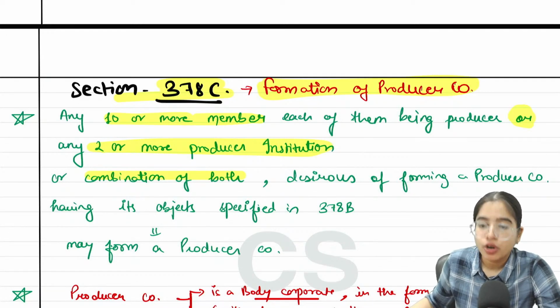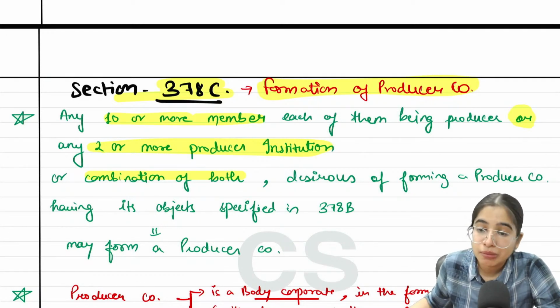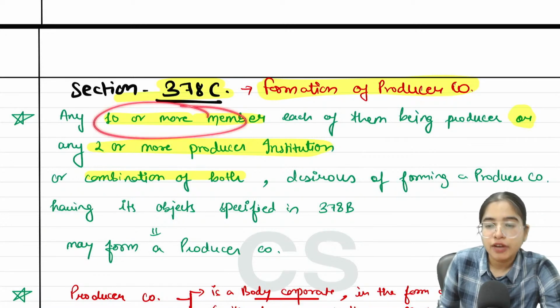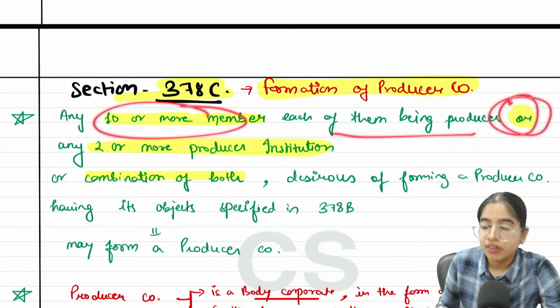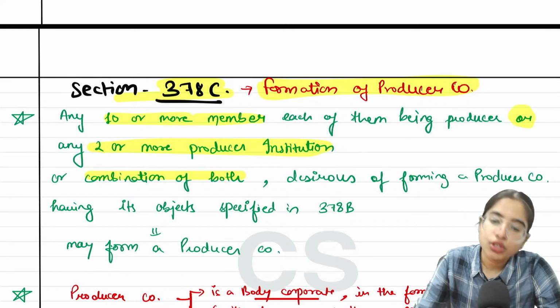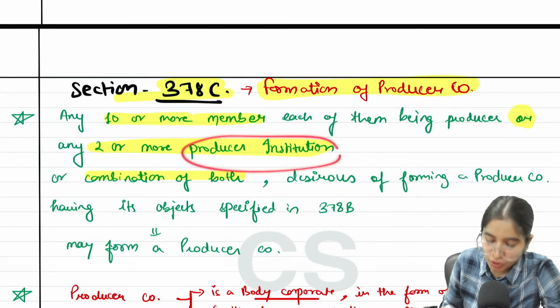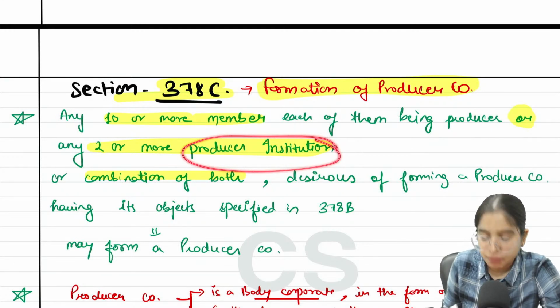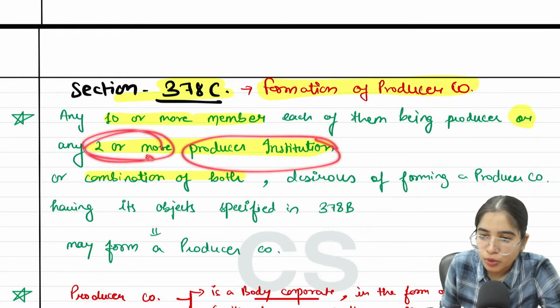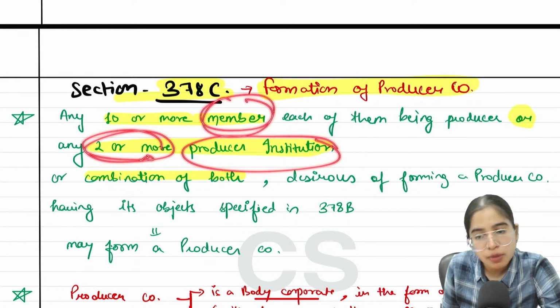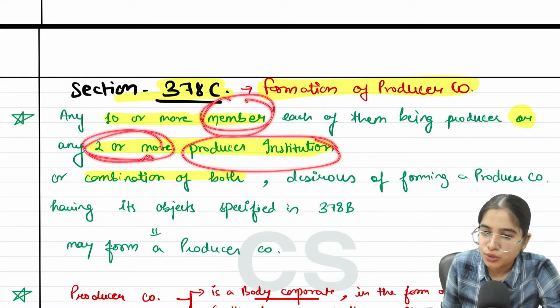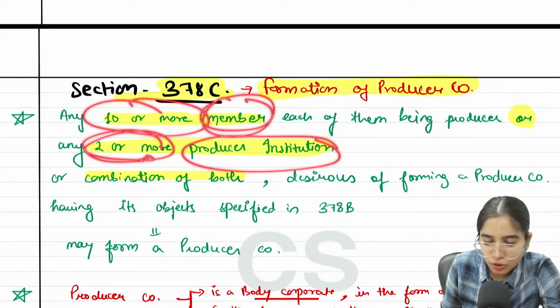Which means that in order to form a producer company, there must be minimum 10 or more members. Or even if there are producer institutions, those institutions can also make a producer company. If producer institutions are making a producer company, then there should be minimum 2 or more producer institutions. If individual producers are forming a producer company, then there should be minimum 10 or more members.